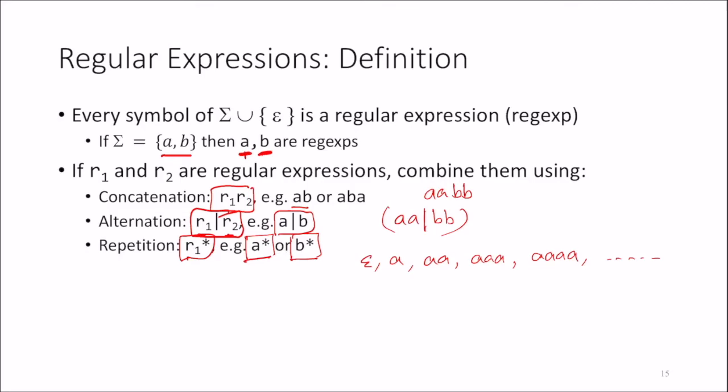So if I put a star after this example, and I want to know what (AA or BB) star is, it's the empty string, because you can always have 0 of them. And then you can have AA, you can have AA followed by AA, or you can have BB, or you can have BB followed by AA.